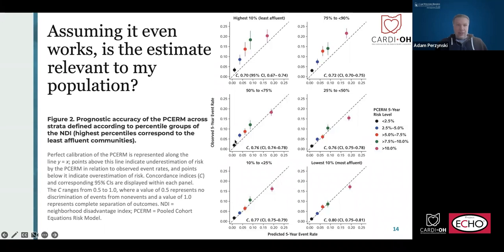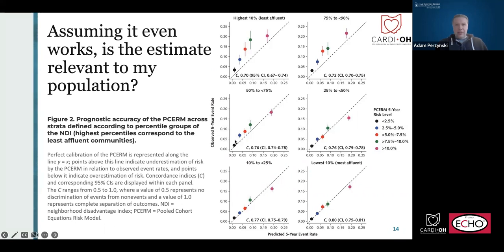And then in this plot, we stratified it according to an index of neighborhood socioeconomic position. What you can see in the bottom right, and actually both of the bottom panes, is that it actually works pretty good. The risks are right on the prediction line.